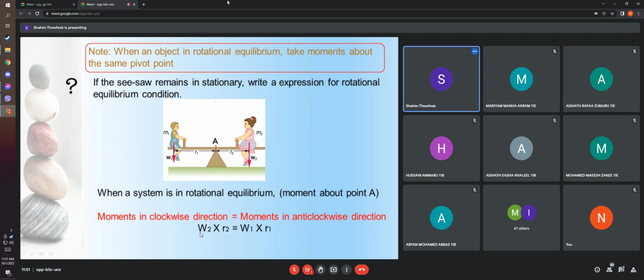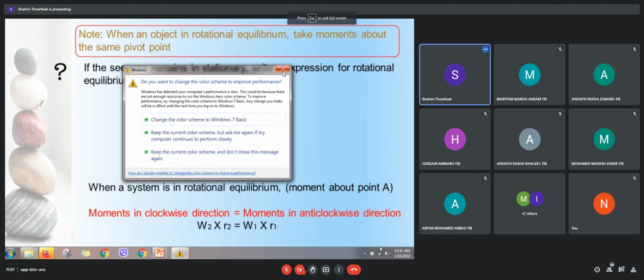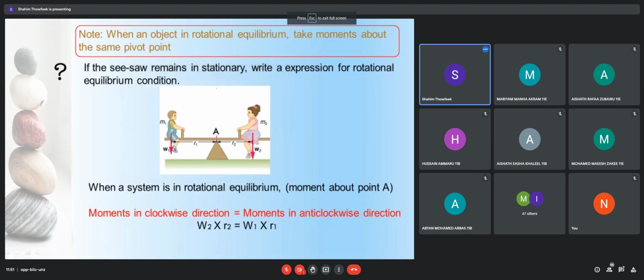Then you can find the moment about any point. Okay. Clockwise moment here, W2 into R2, and anticlockwise moment is W1, the weight of the boy, into the length R1. So this is how you have to apply.